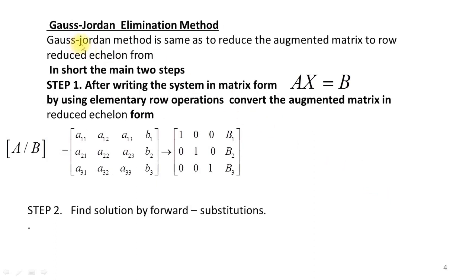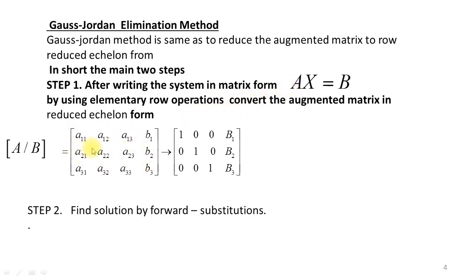So in short, Gauss-Jordan elimination method is the same as reducing the augmented matrix to row reduced echelon form, and we can use shortly these steps. First of all, write the system in equation form, and then take the augmented matrix.